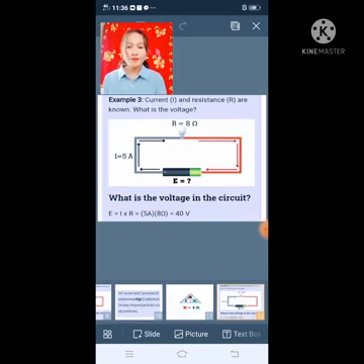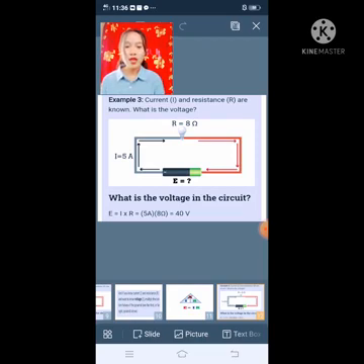So, we have the value of current that is equal to 5 amps and resistance is equal to 8 ohms. So what is the voltage in the circuit? That is equal to, voltage is equal to current times resistance is equal to 5 amps times 8 ohms is equal to 40 volts.